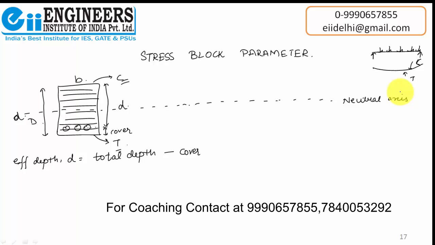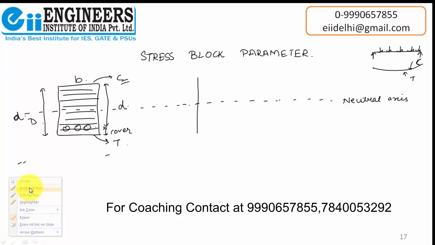So, according to the first assumption, as we have considered a linear variation in strain, if I see the strain diagram, what is the strain value that we have considered for concrete?